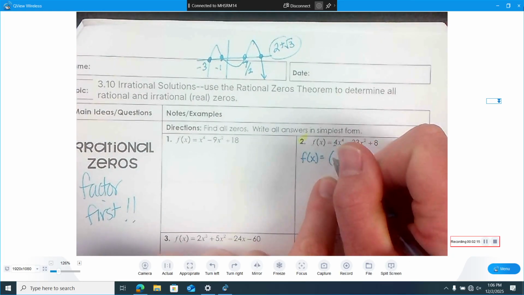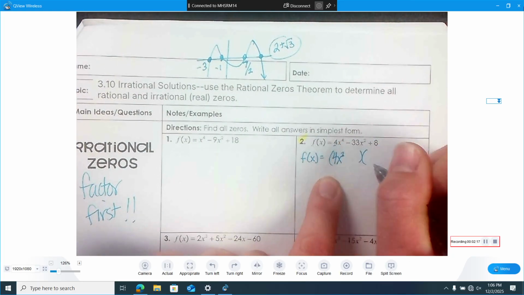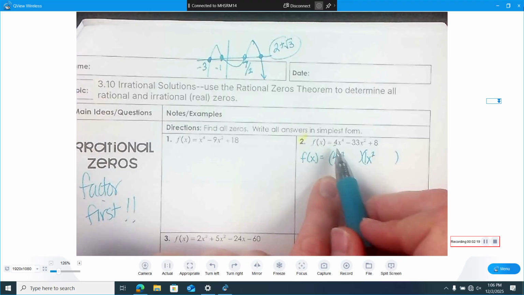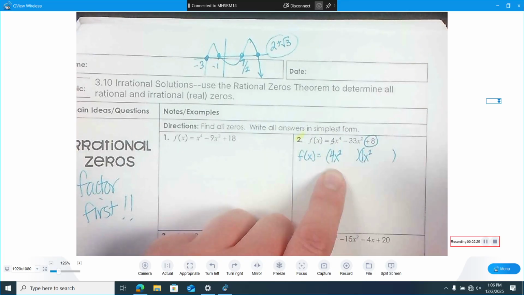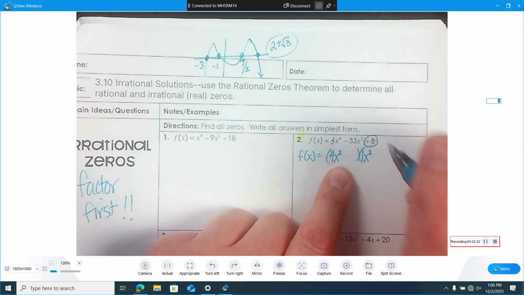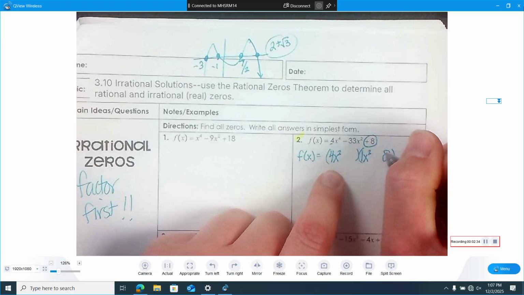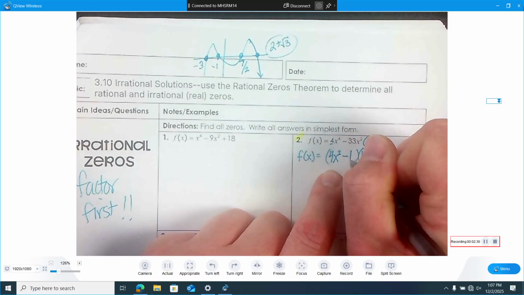So I want to keep that. 4x squared times 1x squared gives me 4x to the 4th. And then also, what times what is 8? Not 4 and 2, but 8 and 1. I want to keep the 8, and I want it to multiply. So I want a -8 and a -1.